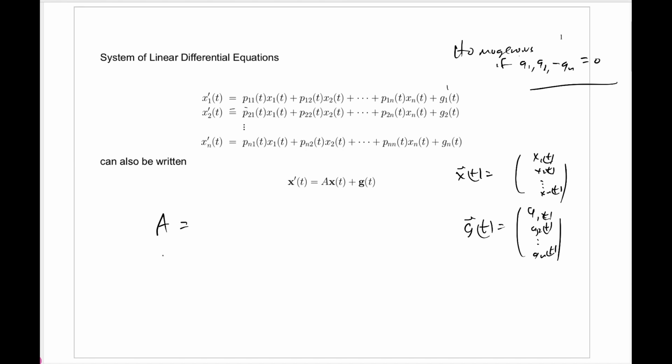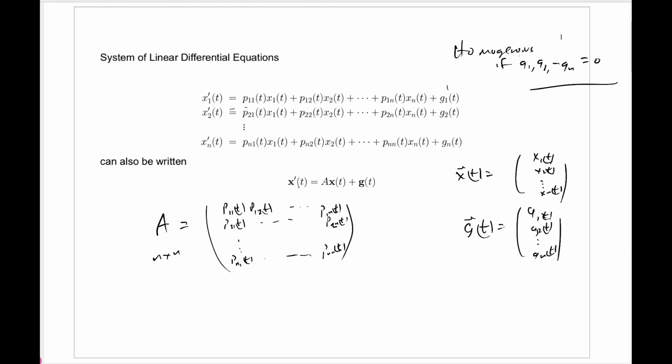A will be an n by n matrix whose entries are these functions of t, these p11 of t, p12 of t, all the way up through p1n of t, and then we'll have p21 through p2n, and down to the last row we'll have pn1 of t, all the way through pnn of t.